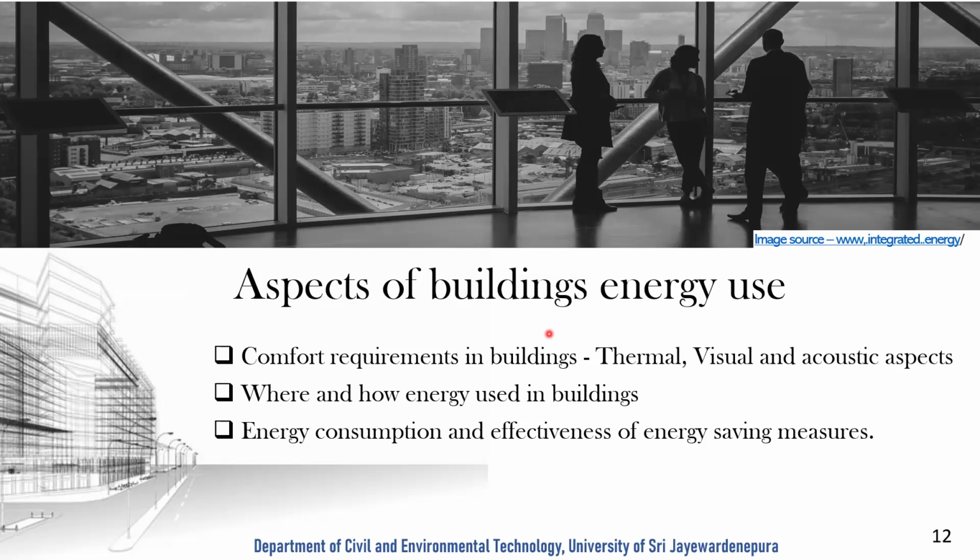In a factory, of course, the machinery is there, but what about workers? For workers, we have to consider three comfort requirements: thermal, visual, acoustic. Thermal means temperature-wise, the temperature, humidity, etc. We should feel comfortable thermally.